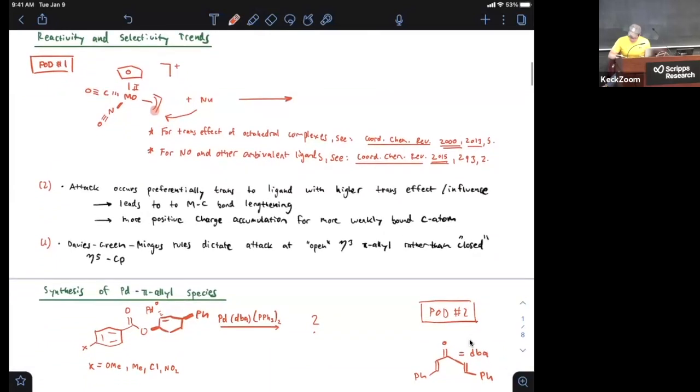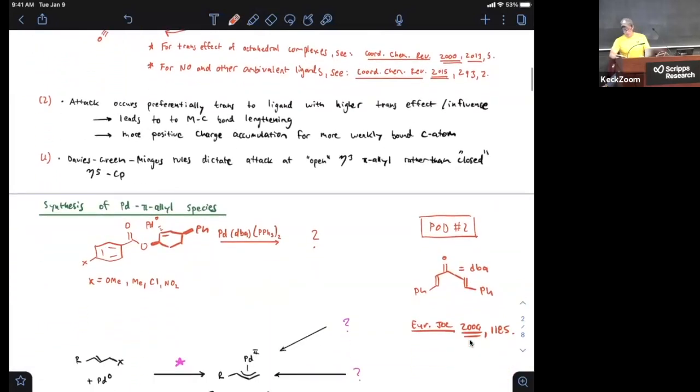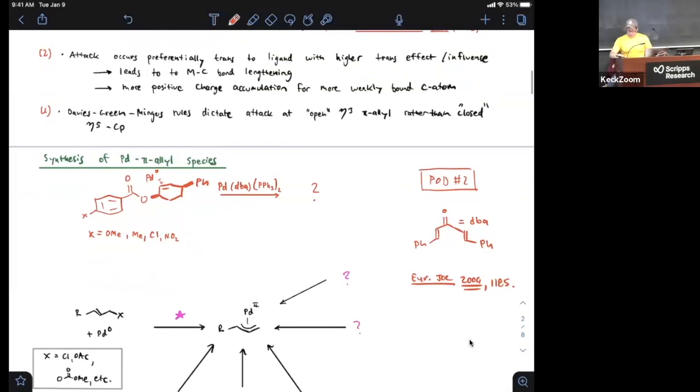This is confusing. Okay, let's talk now about, we're still in a stoichiometric regime here, synthesis of palladium pi-allyl species, again, with the understanding that this can be applied to other metals as well. So this is problem of the day number 2. If you read this paper, it's interesting. There's a lot going on here, but we're just taking a snippet out of it for the synthesis.